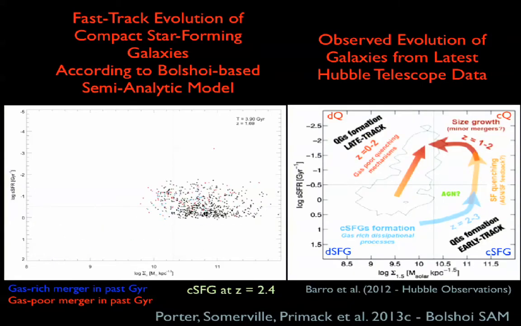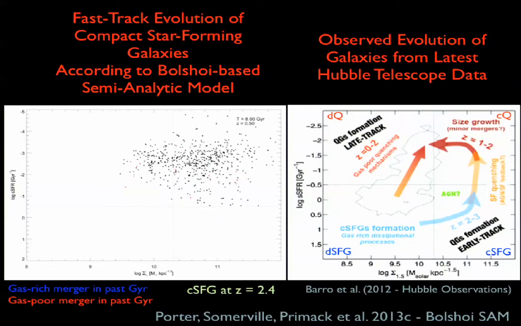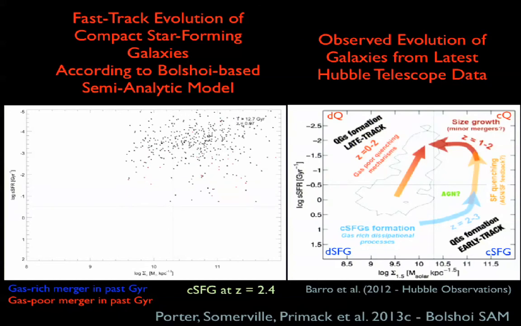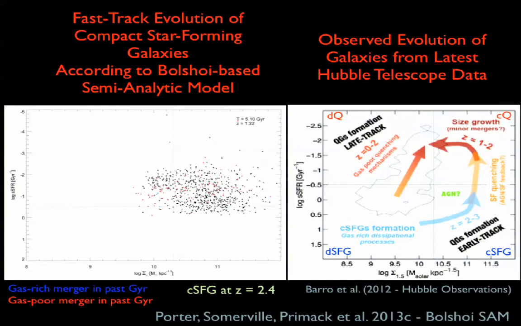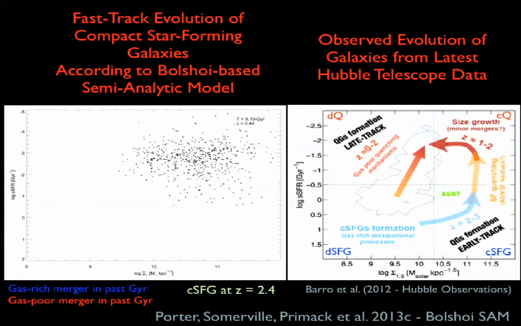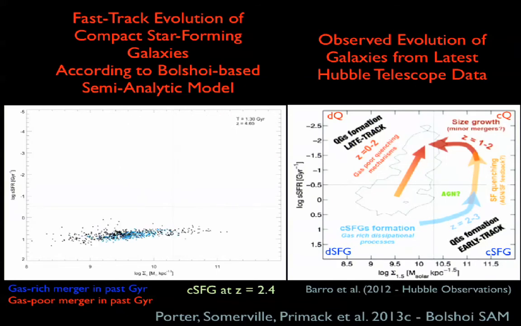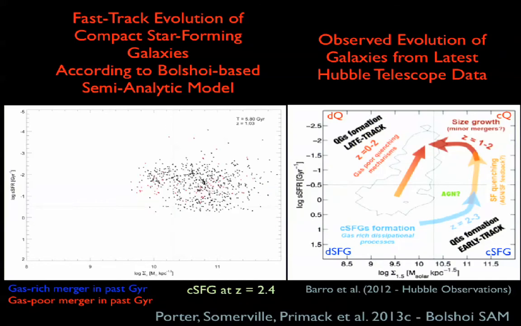Having designed the model to work at low redshift, we wanted to see if it also is correctly reproducing this recent data from the CANDELS project, the biggest project in the history of Hubble. And one of the things that they found is that there are these galaxies that become compact star-forming galaxies, blue nuggets we call them, that rapidly become red nuggets. And indeed, the model does that, and it seems to fit the data very well.